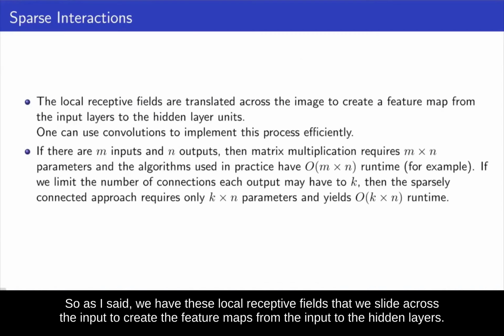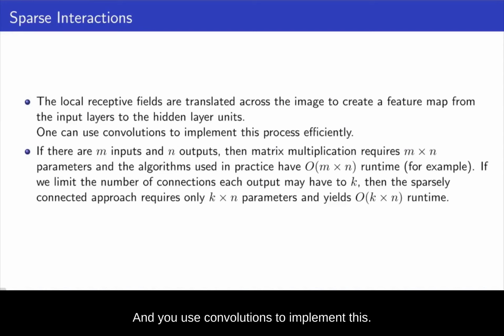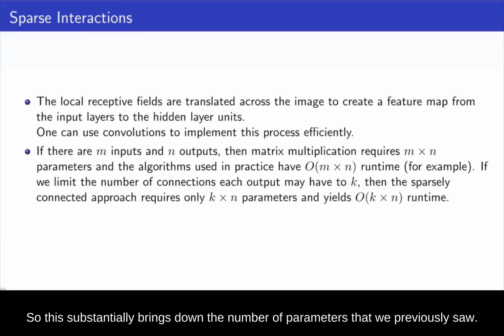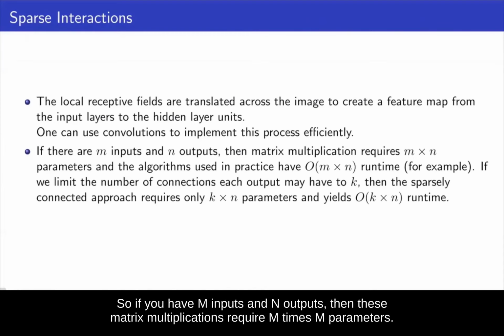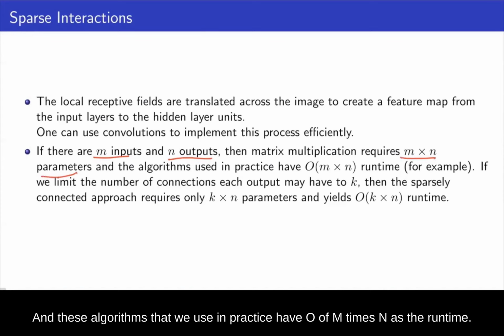As I said, we have these local receptive fields that we slide across the input to create the feature maps from the input to the hidden layers, and you use convolutions to implement this. This substantially brings down the number of parameters that we previously saw. If you have m inputs and n outputs, then these matrix multiplications require m times n parameters, and the algorithms that we use in practice have O of m times n as the runtime.